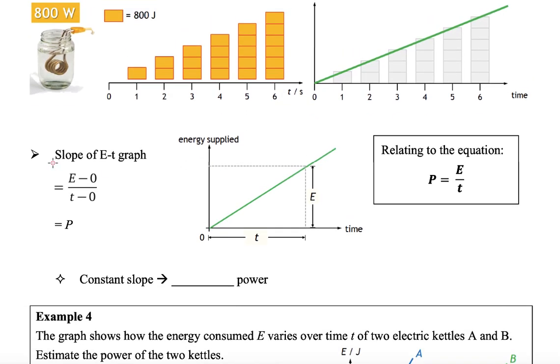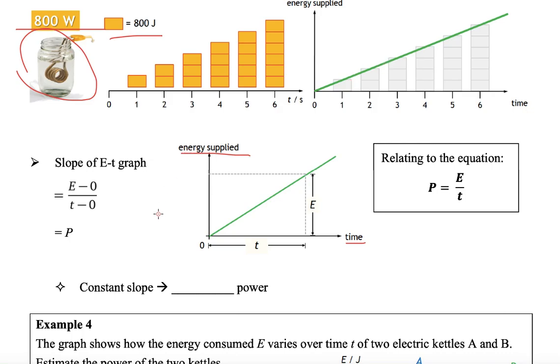So what we call this slope here, the slope is the energy supplied divided by the time. And you can see that it's always the same because the concept here, the power is always the same. So energy over time is power. So it's always the same. For this case here, it would be always 800.